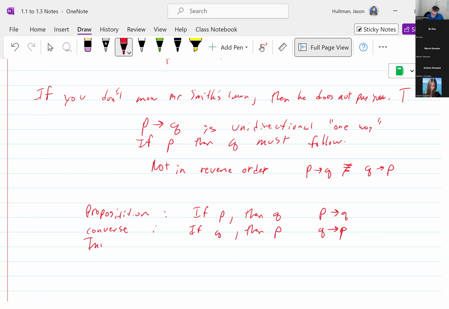The inverse is when we negate the proposition in that order.